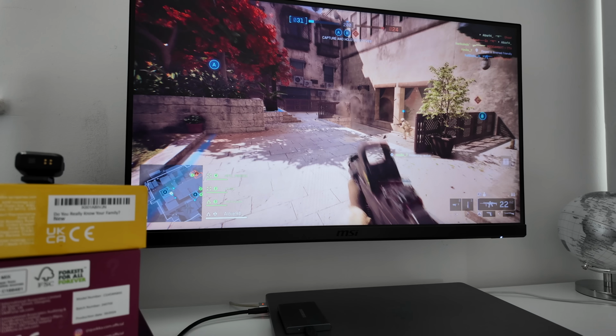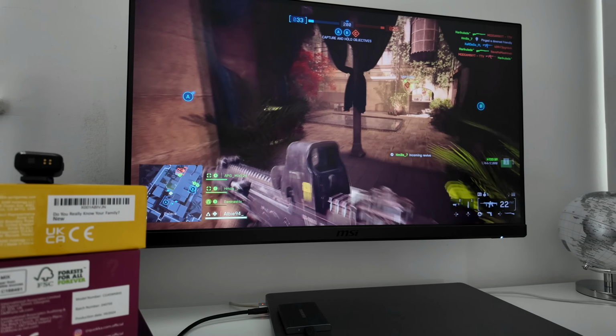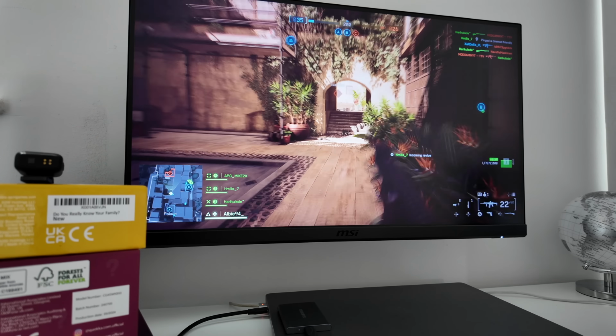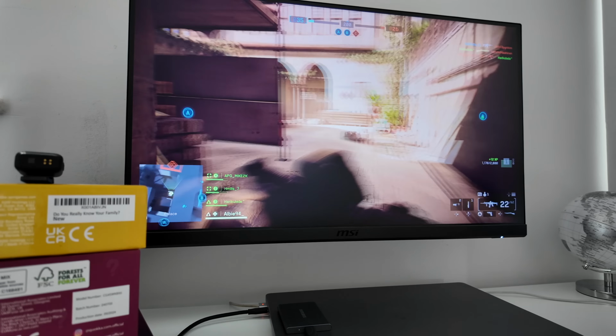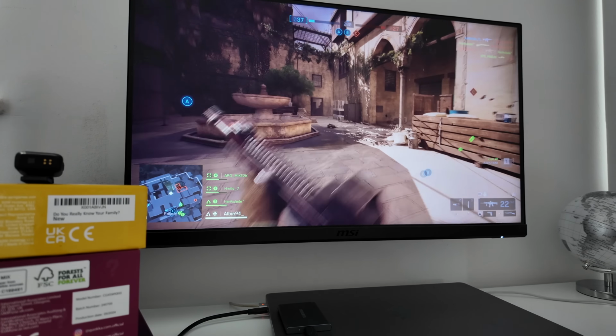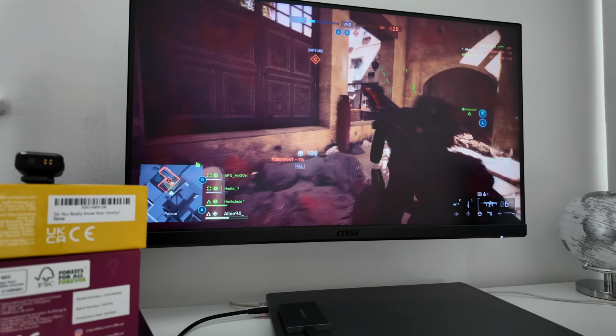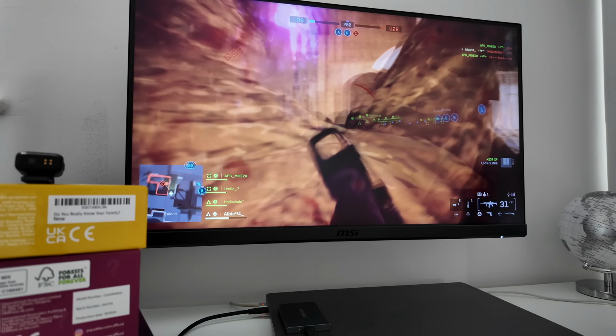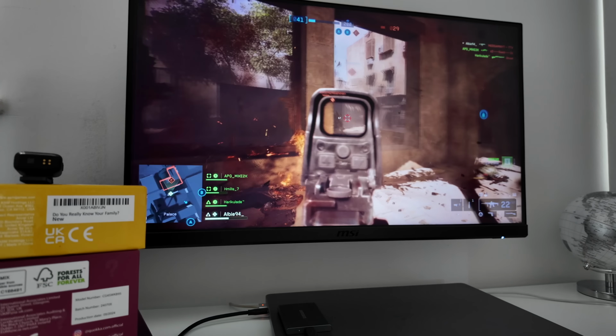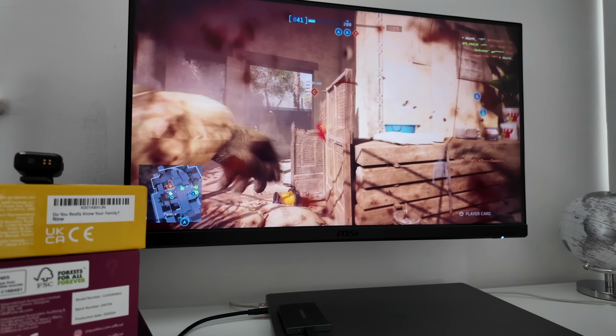Whoa, whoa, whoa. Who are you trying to shoot? Fuck me, I forgot you can blow walls up, mate. He's just shot the wall I was hiding behind.